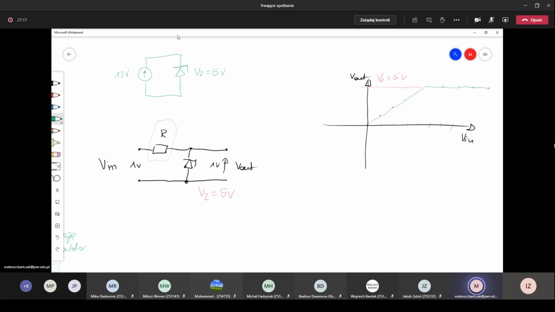For the ideal components, we will break Kirchhoff's law here, because those two voltage drops should be equal, but we cannot equalize them because the voltage drop for the Zener diode is equal to 5 volts. But this is only for the ideal component.